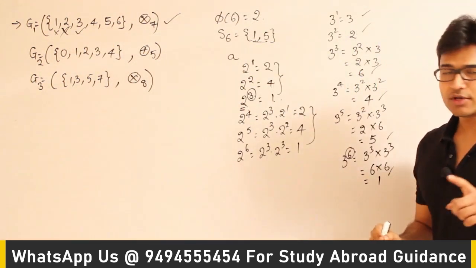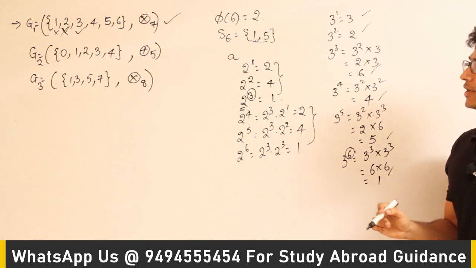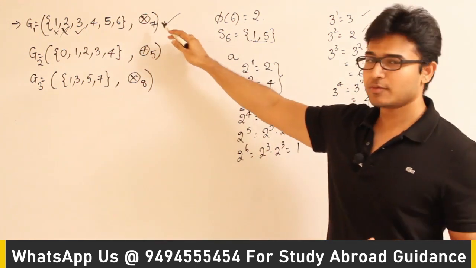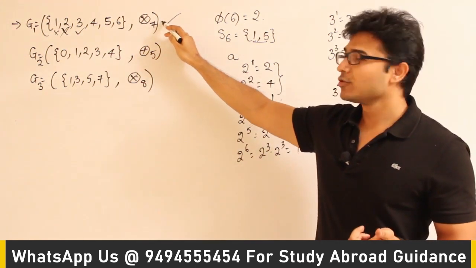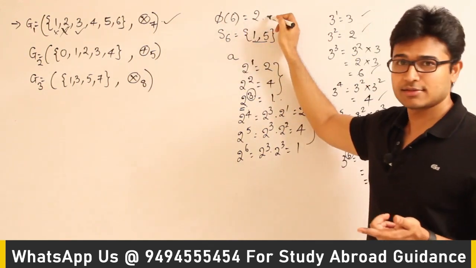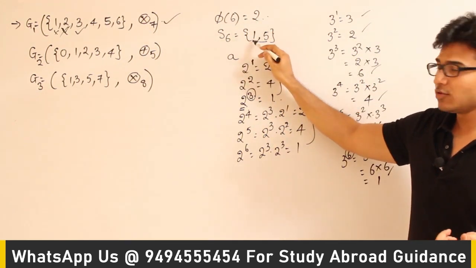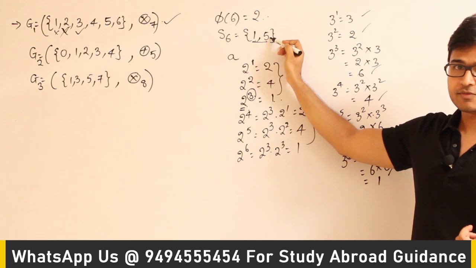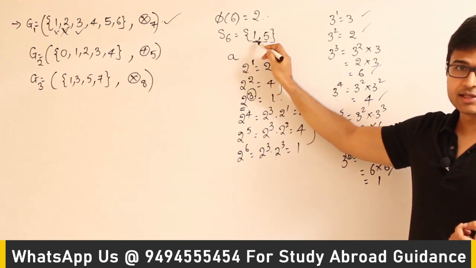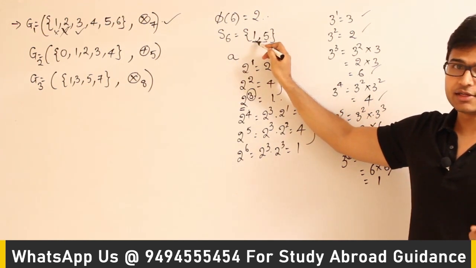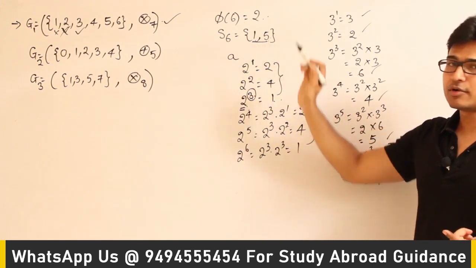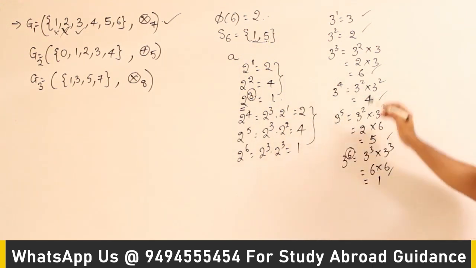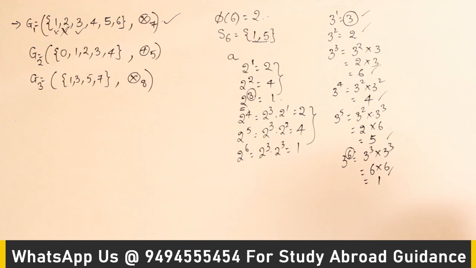Now once you find out a generator, then you can declare that it is a cyclic group, and since it is a cyclic group, it is supposed to have 2 generators, and 2 generators are going to be a power 1 and a power 5, which means in this case if you substitute 3 in place of a, 3 power 1 and 3 power 5 are going to be generators, which means 3 power 1 is 3 and 3 power 5 is 5.